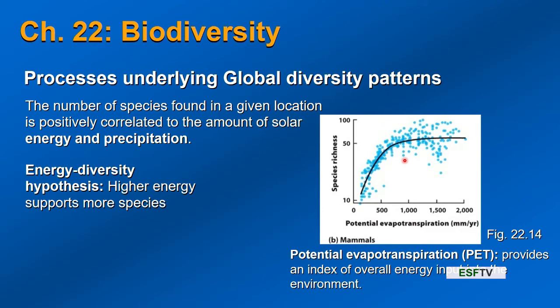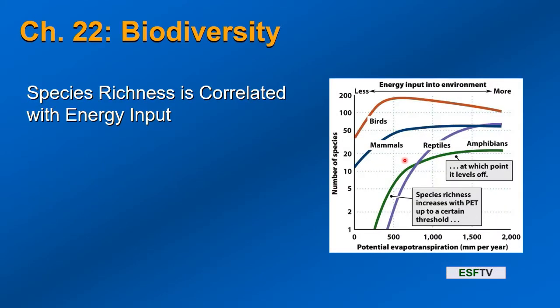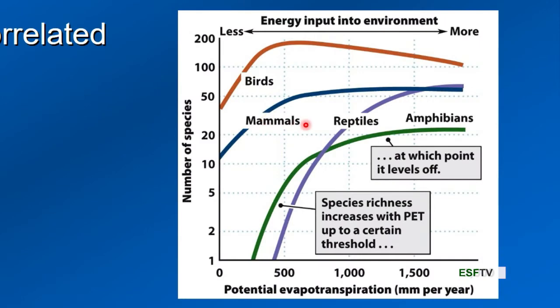Okay. This kind of gives you the same idea, but it does list the different kinds of organisms to show you that it's not just the plants. You still have PET as your measure on the x-axis, potential evapotranspiration, but now you're looking at richness for birds in red, mammals in dark blue, reptiles in light blue, amphibians in green.